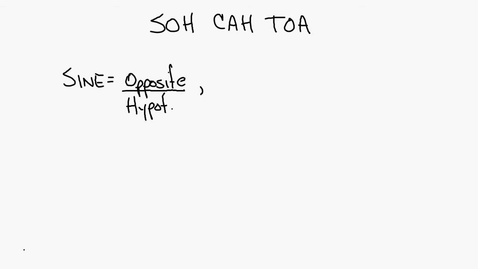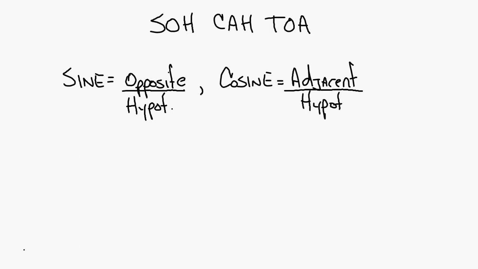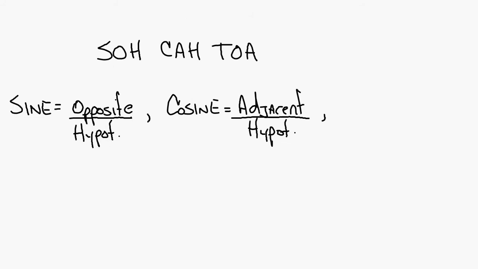The cosine of an angle is equal to the adjacent side over the hypotenuse. And the tangent of an angle is equal to the opposite side over the adjacent side.